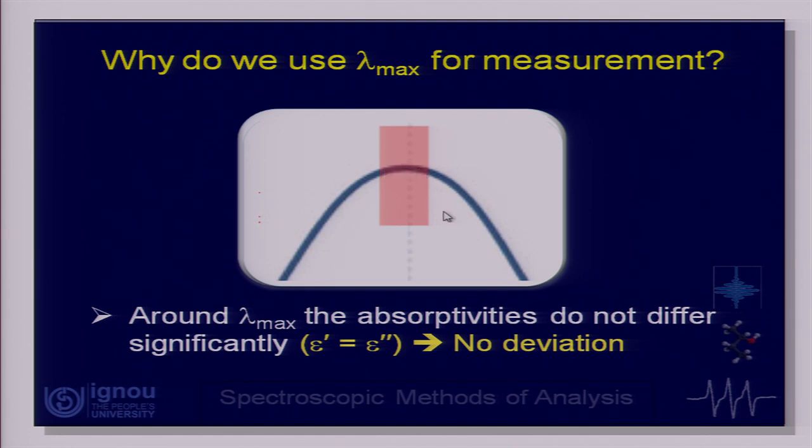As against that, if I had 109 here and 110 here, the two would differ significantly. So, for all UV-visible spectrometry measurements used to quantify an analyte, we must use the lambda max values.